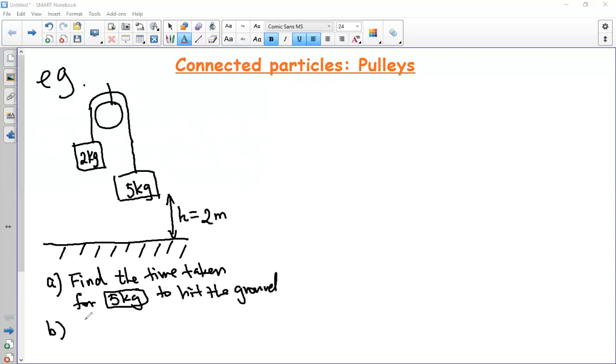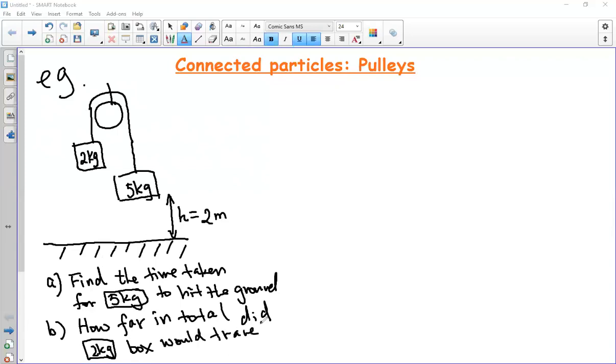And then part B, how far in total would the 2 kilogram box travel until it stops.